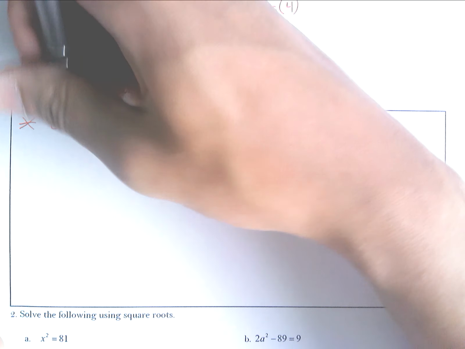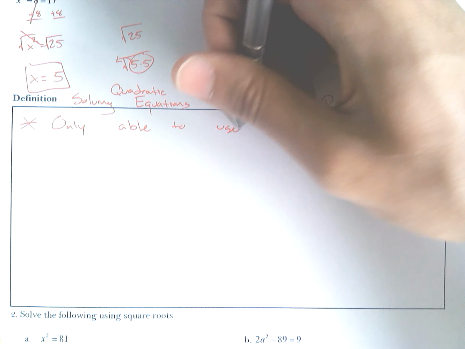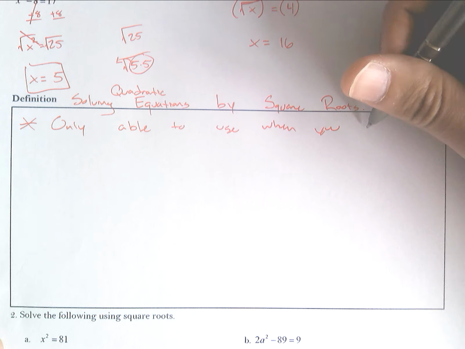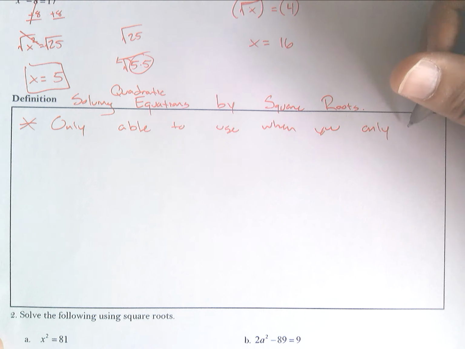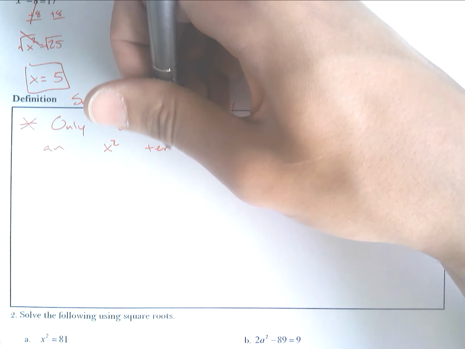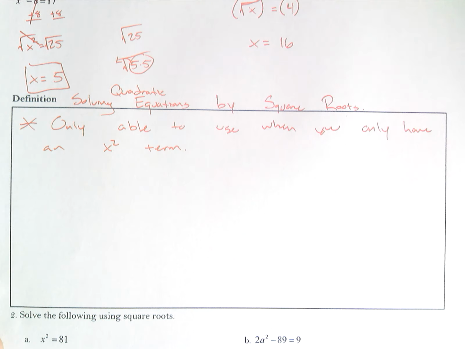You're only able to use this when you only have an x squared term. Only able to use when you only have an x squared term.